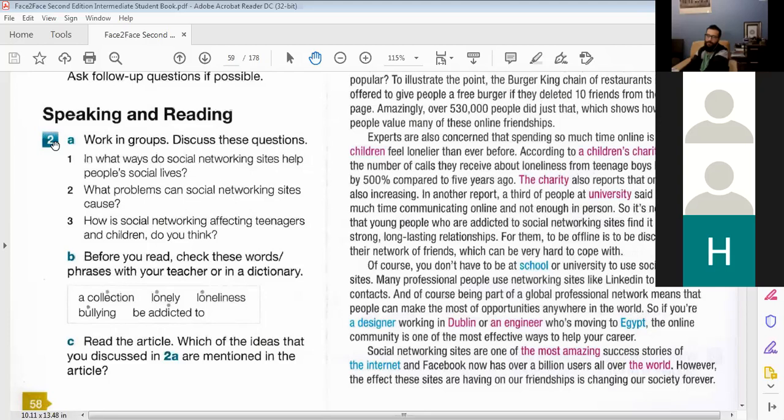Nowadays people don't care about each other when they sit together. Everyone just takes their phone and only looks at their phone, not caring about the others. Yes, this is the disadvantage. So we don't have any face-to-face contact anymore, you're trying to say? No, even when sitting together.